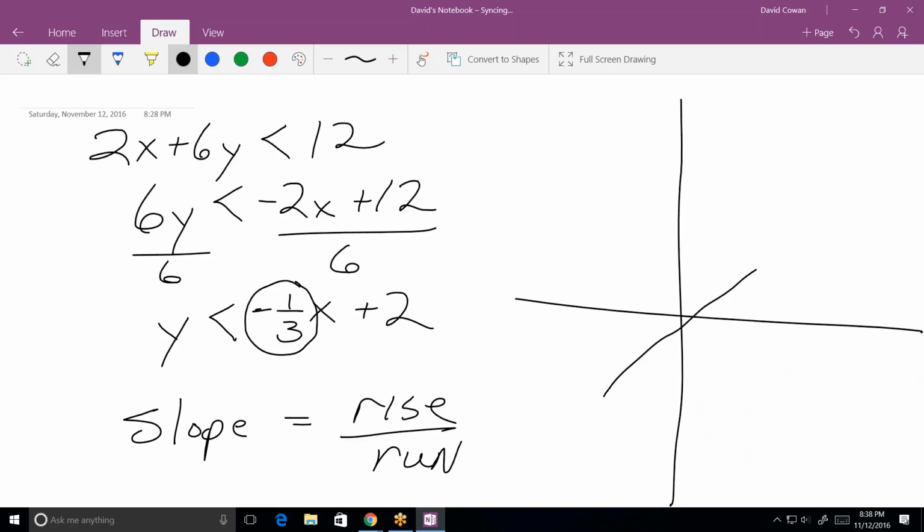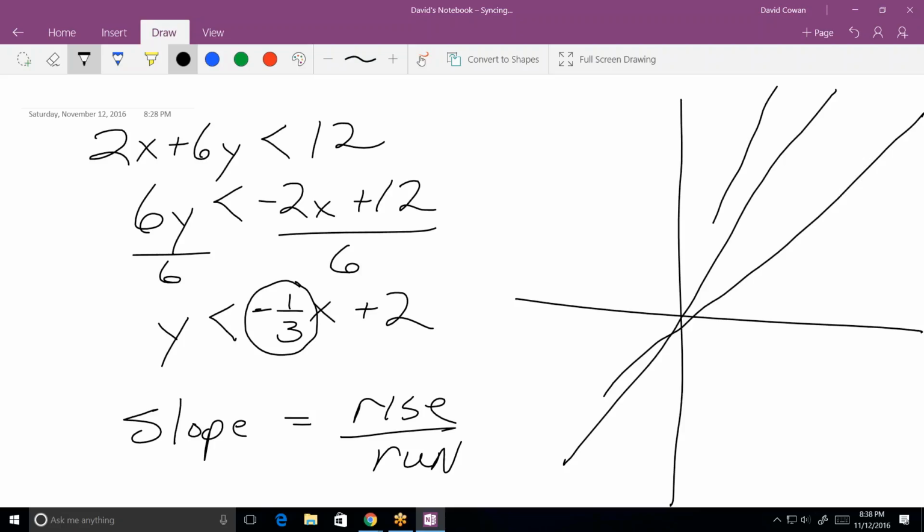There's a slope of 1. In other words, I go up 1 and right 1. That's a slope of 1. Here's a slope of 2. I go up 2 and right 1.